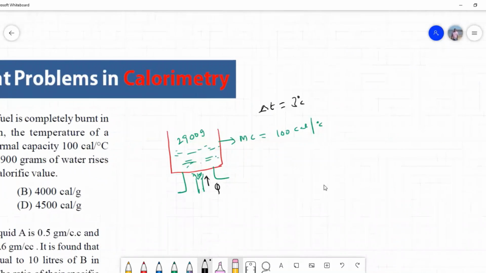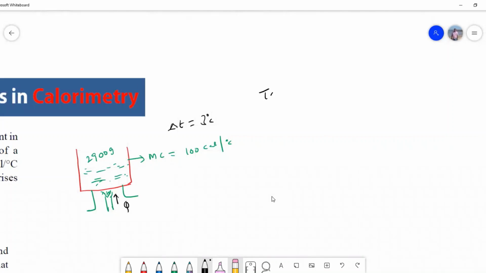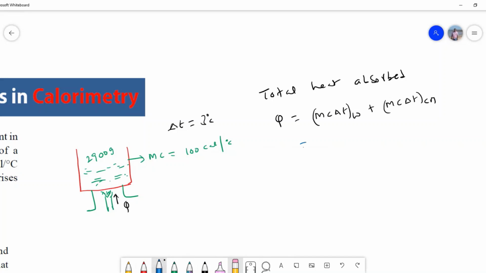So let us calculate the total heat absorbed. Q is equal to MC delta T for water plus MC delta T for calorimeter. Here the mass of water is given as 2000. Since mass is in grams, specific heat also should be in calorie per gram.